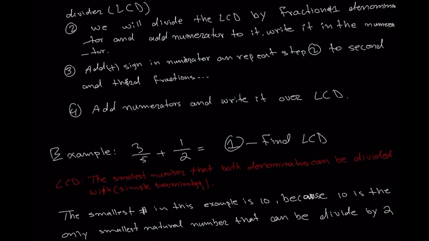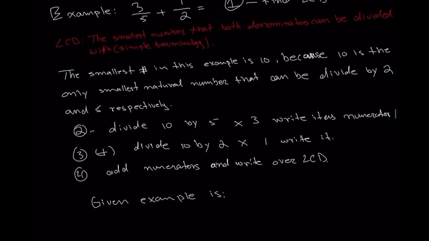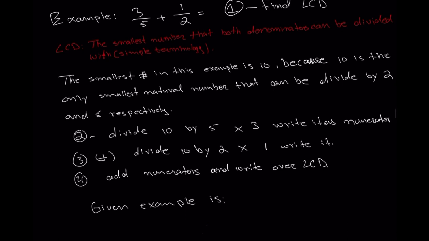Example, 3 over 5 plus 1 over 2. The first step is find the LCD, least common divisor. After we find the LCD, then we divide that LCD by the first fraction's denominator and then multiply by the numerator of it.